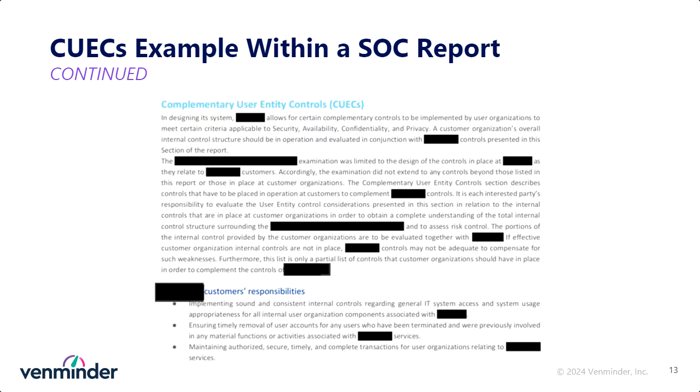This is another example of complementary user entity controls. It is a much wordier version, which you'll see a lot as well. And the reason I put this example up here is because we talk about in the next couple of slides why complementary user responsibilities are not the same thing as CUEs. And I just want to call out that a lot of times you'll see the word responsibilities, as you see here in the second paragraph, underneath CUEs.